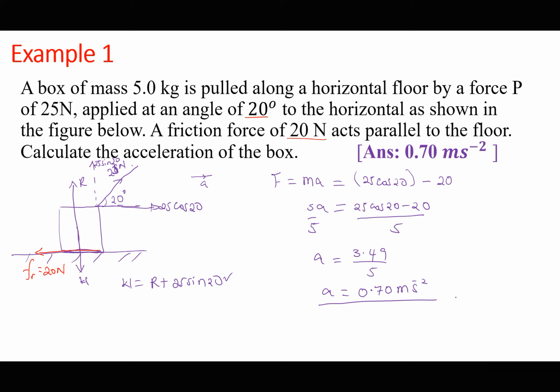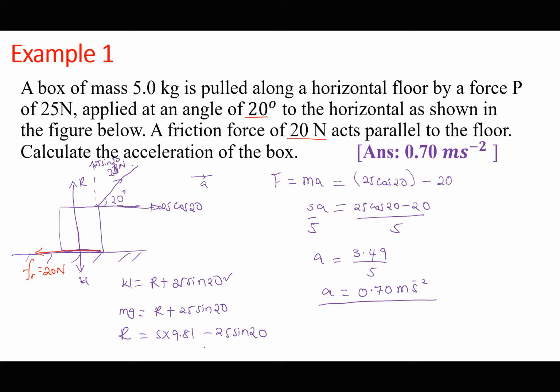If I wanted to find a normal reaction R, I would still find it, where weight mg is equal to R plus 25 sine of 20. So R would be equal to mg, which is 5 times 9.81, minus 25 sine of 20. So that is 5 times 9.81 minus 25 sine of 20.